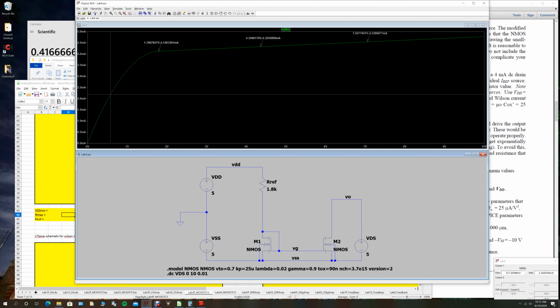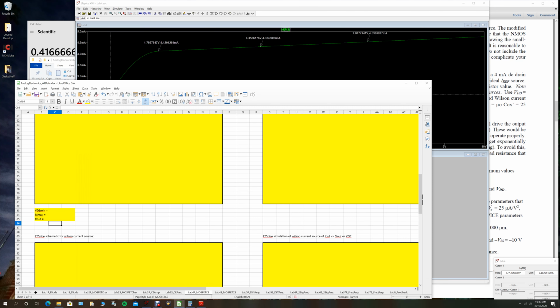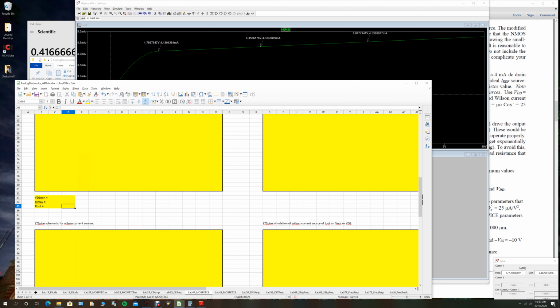If you put a resistor between VDD and that minus 3.2 voltage for 4 milliamps, you can calculate what that resistance would be, and that would be RL max. And output resistance you get from the slope of the output while in saturation.